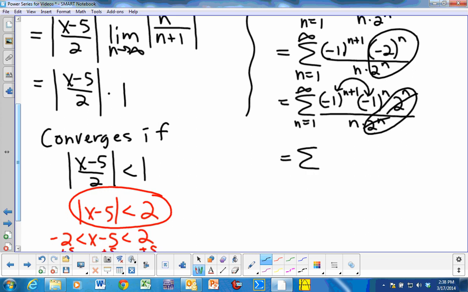So that is going to simplify to negative 1 over n. Another way to look at it is that negative 1 to the n plus 1 makes it negative every other term, and negative 1 to the n makes it negative on all the ones in between. So you're going to get them all negative.